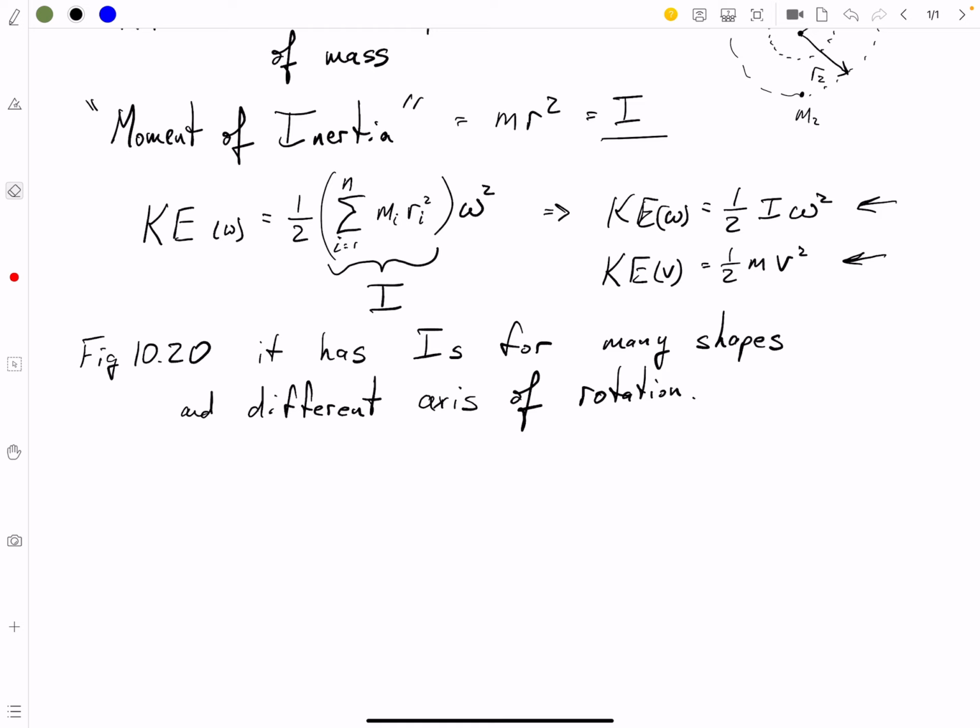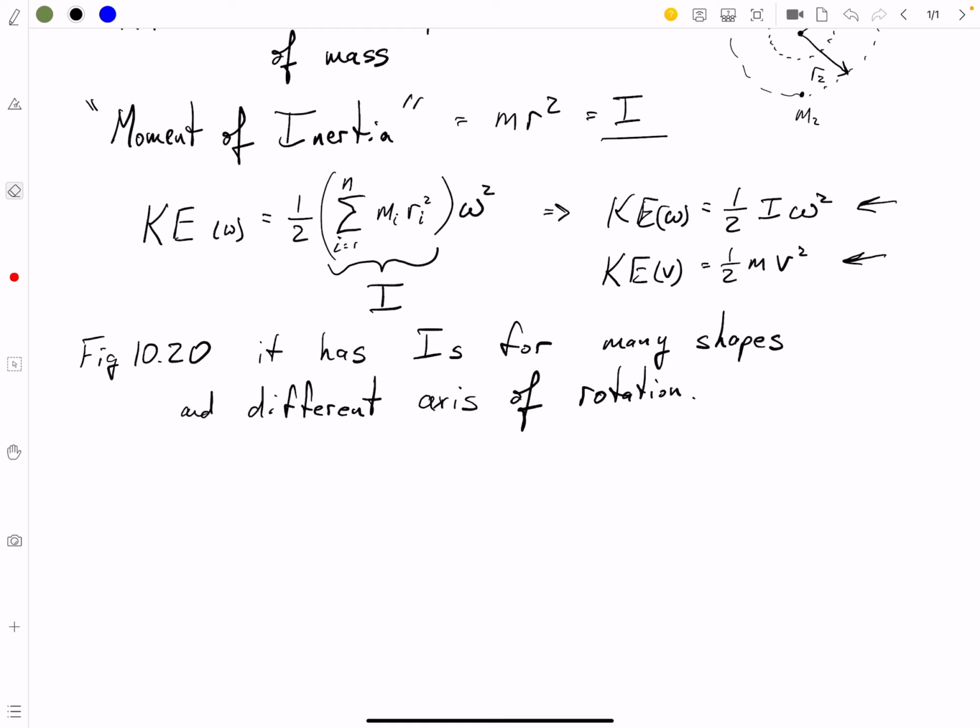So let's talk about many shapes, different axes of rotation, all of those things, but let's work with, which one do I want to do? Solid cylinder of length L, radius R. Let's do that.